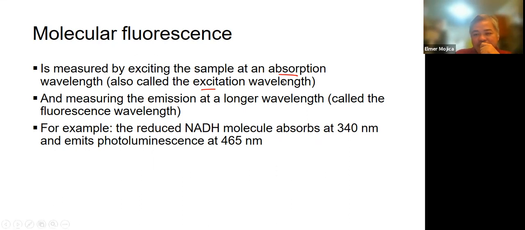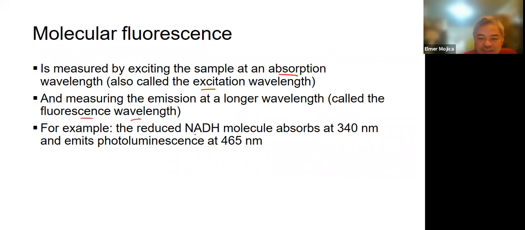But in absorption, usually the sample absorbs the energy or light that you apply. And if you look at the difference between excitation and emission, usually you excite at a much lower wavelength, and then you will see the emission at a longer wavelength. That is what we call the fluorescent wavelength.